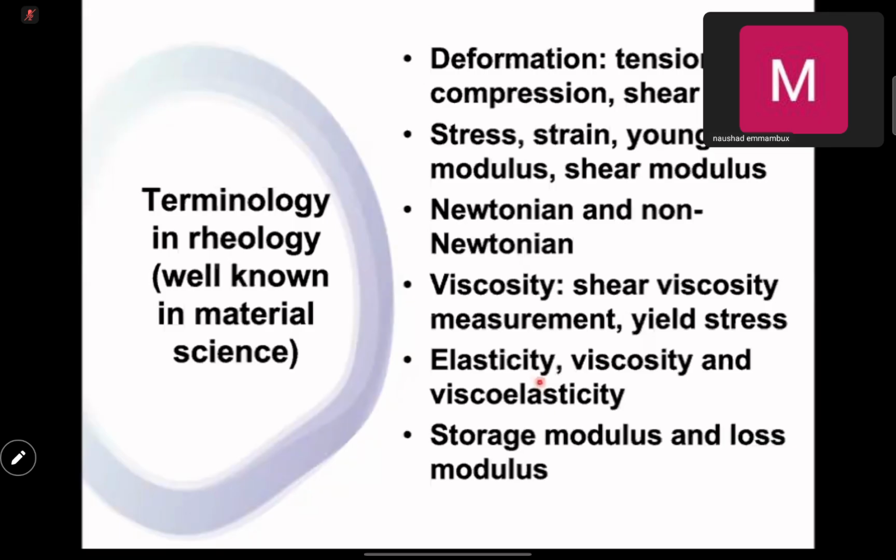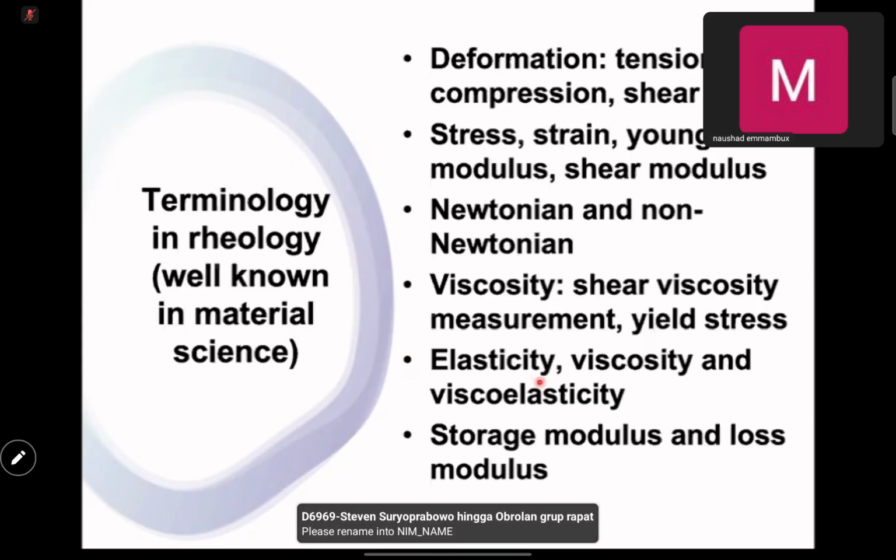Sometimes they talk about deformation, which is tension, compression, and shear. Some people talk about stress, strain, Young modulus, and shear modulus. What are these? People talk about Newtonian and non-Newtonian, especially for fluid. Viscosity, shear viscosity measurement, yield stress.